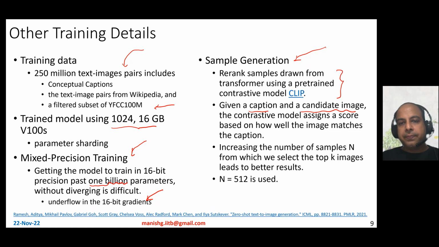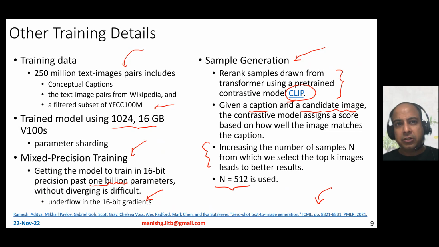The authors observe that as you increase the number of candidates passed to the CLIP model for re-ranking, you obtain better results. In fact, that is why they use n equal to 512: they generate 512 different candidates and pick the best ones suggested by the CLIP model.